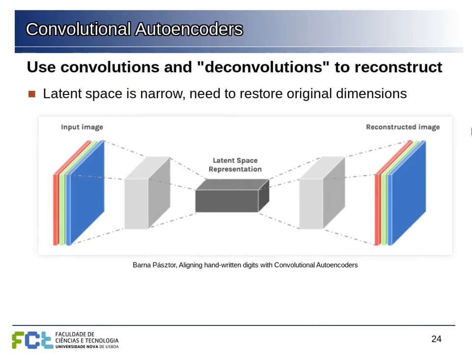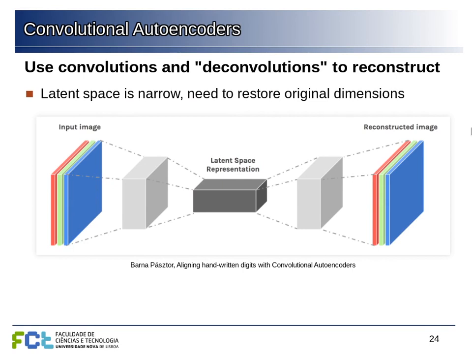Okay, so I've been talking about these examples with images, but usually with images we use convolution layers because of the way the patterns of importance in the image can be found in different positions of the image. And so you can use autoencoders with dense networks, but usually for images we're going to use convolution autoencoders.